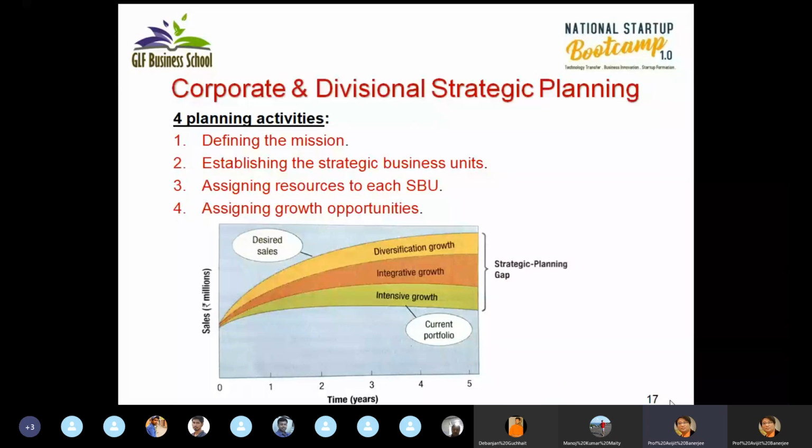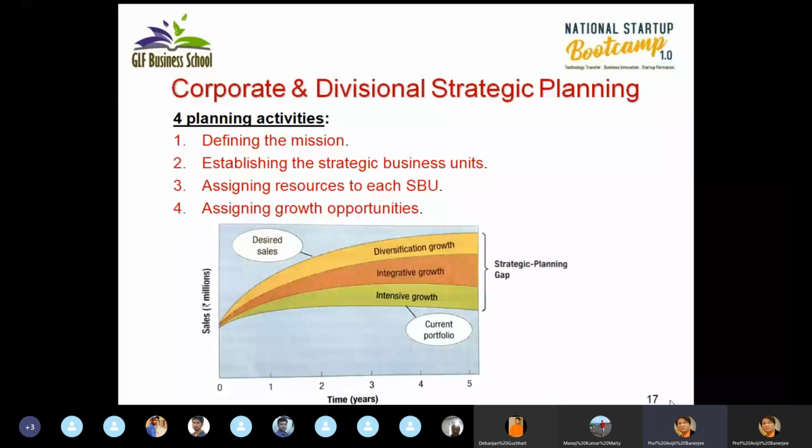Amazon.com has changed its mission from being the world's largest online bookstore to aspiring to become the world's largest online store.